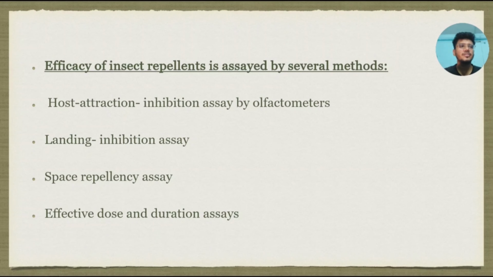How is the efficacy of insect repellents measured? There are 4 methods that we use to specify the efficacy of insect repellents. These are the host attraction inhibition assay by olfactometers, the landing inhibition assay, the space repellency assay, and the effective dose and duration assay.